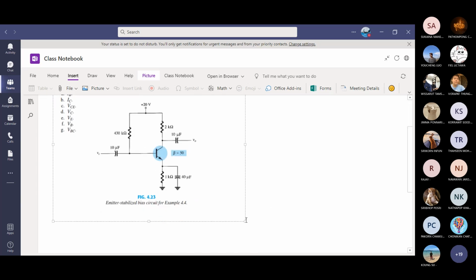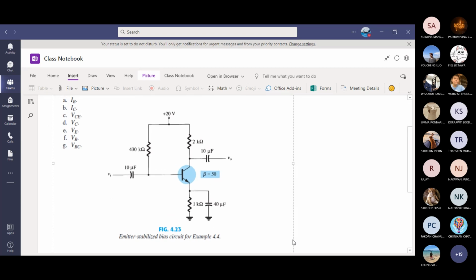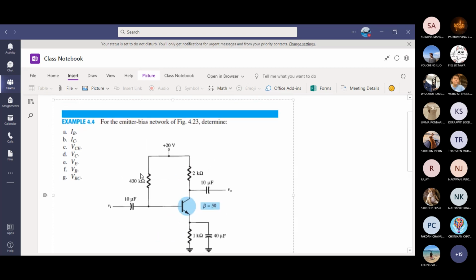We have a few things to solve. Seven parameters. Martin will be A, IB. Martin, present. Yes, Ajahn.